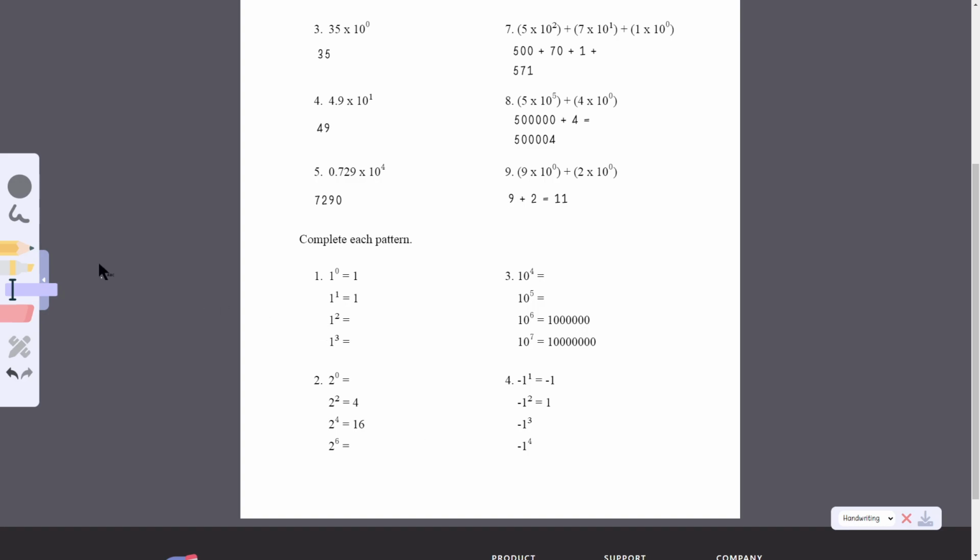Complete each pattern. We can see here that the pattern is that the number is going through different exponents and increasing gradually. So the next number in the pattern here should be 1, because 1 squared is 1, and 1 to the third power, 1 cubed, will also be 1.